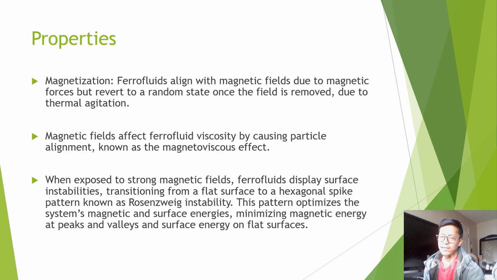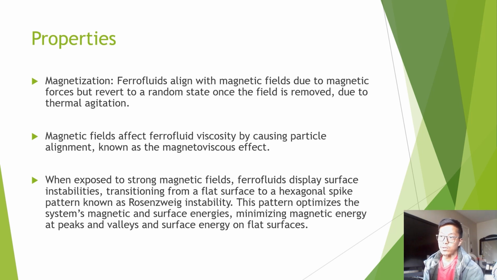So I have mentioned some basic properties of the ferrofluid, like magnetization: ferrofluids align with magnetic fields due to magnetic force, but revert to a random state once the field is removed due to thermal agitation, and magnetic fields affect ferrofluid viscosity by causing particle alignment, known as the magneto-viscous effect.